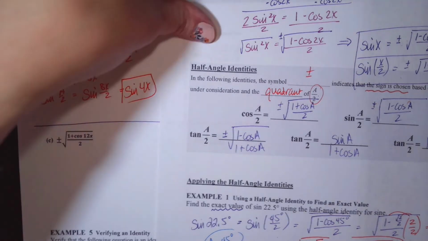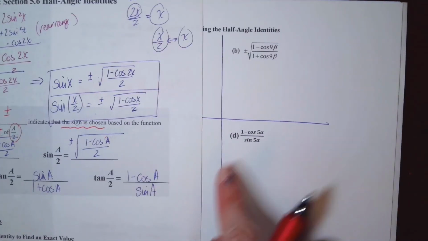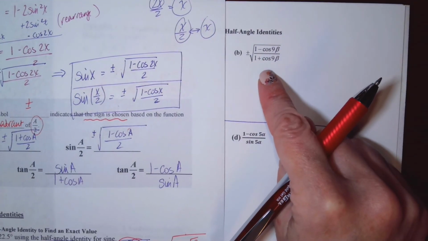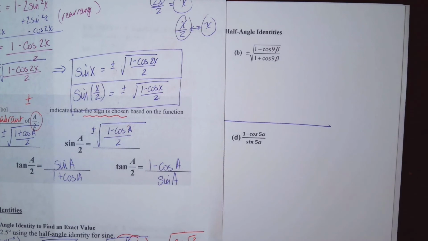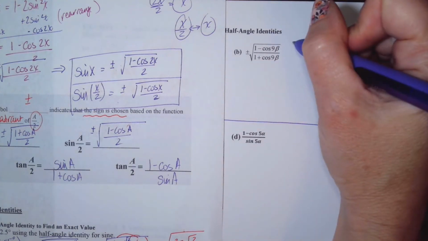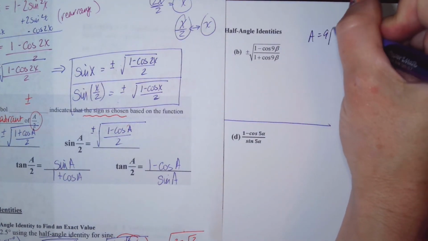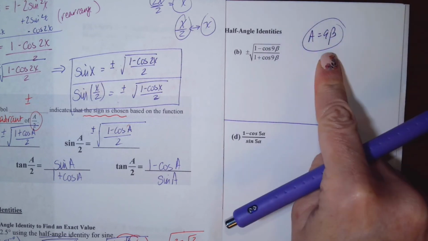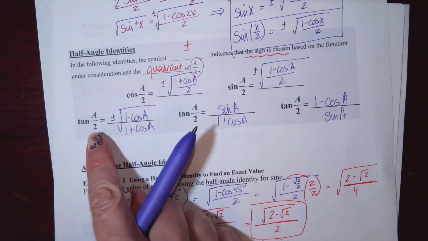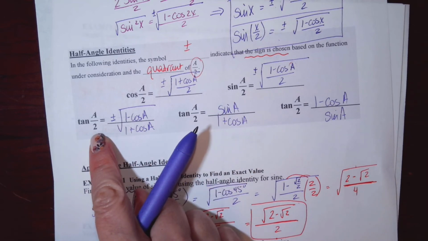Okay, let's look at another one. This time I have 1 minus cosine over 1 plus cosine, and then the argument that I have here is 9 beta. So that's my argument I'm going to be working with. Now 1 minus cosine over 1 plus cosine, that's my tangent of the half angle.